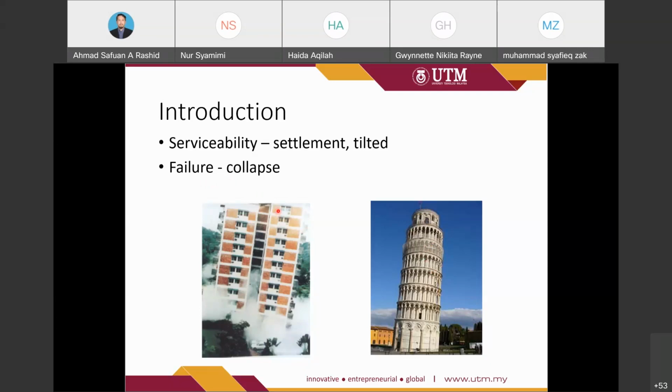This is an example of a building that collapsed due to failure of the ground itself. So as a geotechnical engineer, we need to design properly to avoid this kind of problem, especially the uncomfortable conditions when somebody wants to rest inside the building.